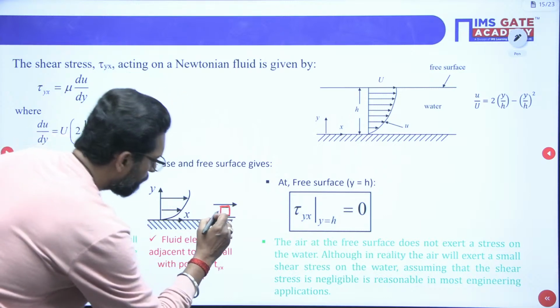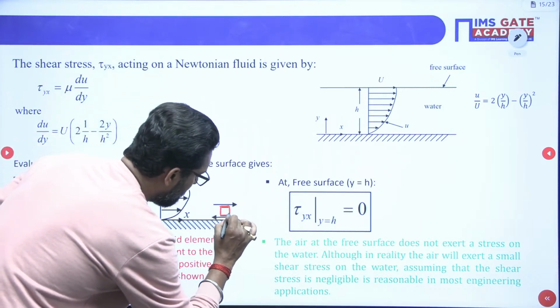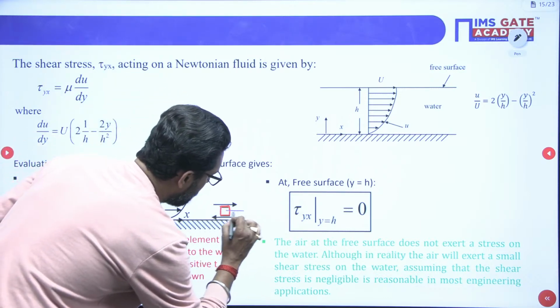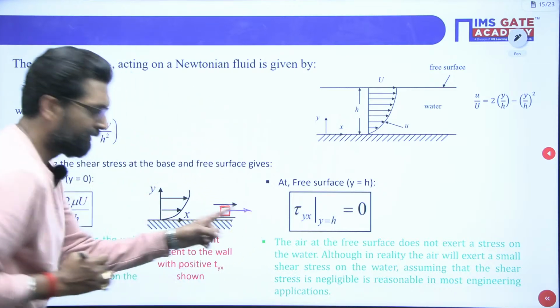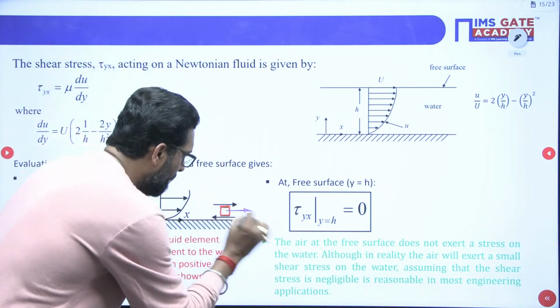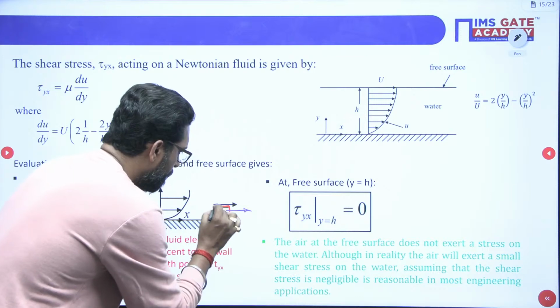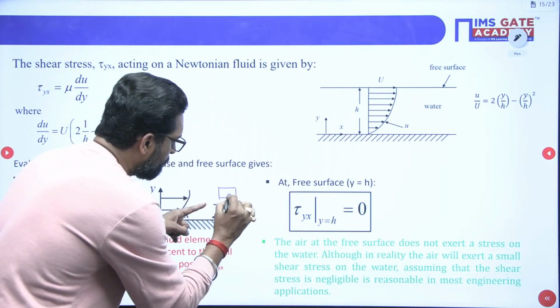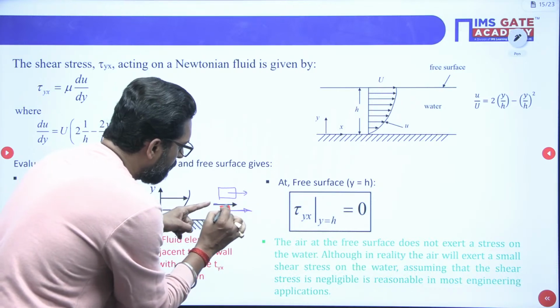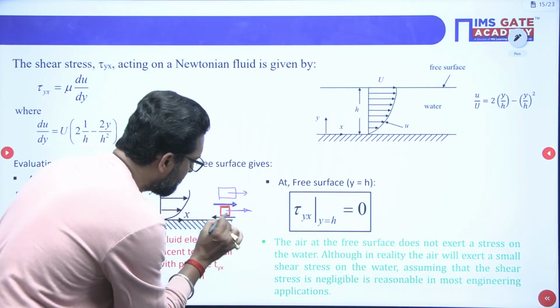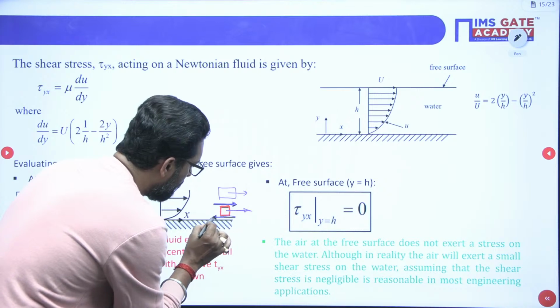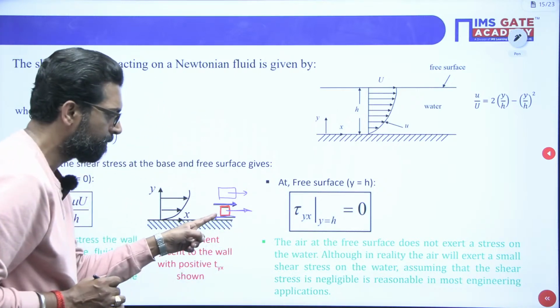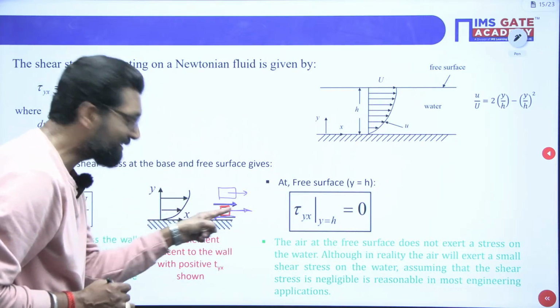So this fluid element tries to move in this direction. Let's suppose this is a fluid element and this fluid element is faster. So this fluid will try to exert in this direction and this fluid element will try to exert in this direction. So these are the stresses.